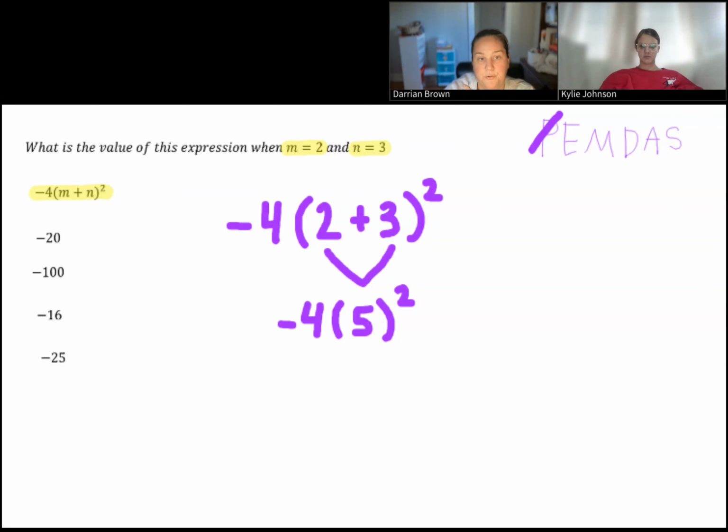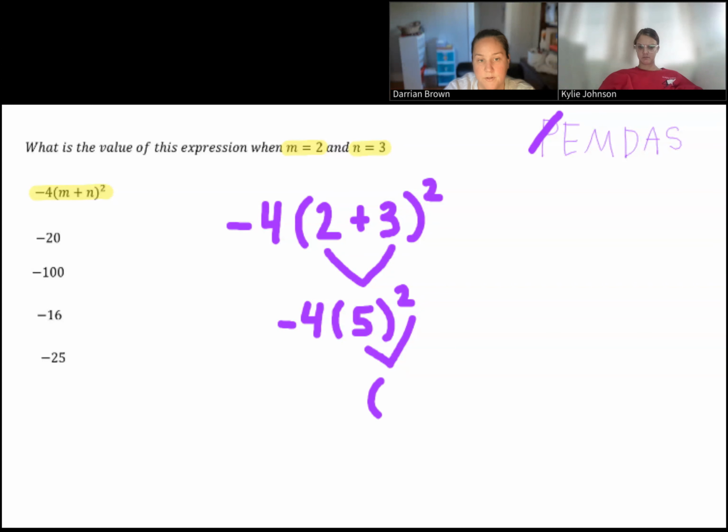You see that little 2 that's up to the right of the 5? That is an exponent. Now we're going to solve the exponent, which that 2 is squaring the number in front of it, which is 5. Anytime you're squaring a number, you're multiplying the number in the parentheses by itself. So 5 times 5 is what? Good, Mary, it is 25.